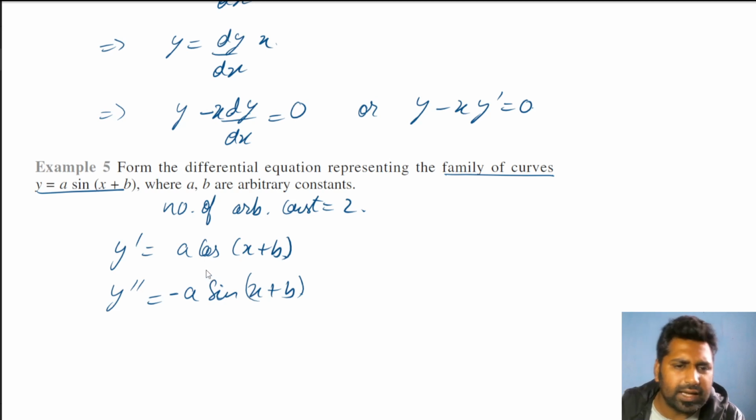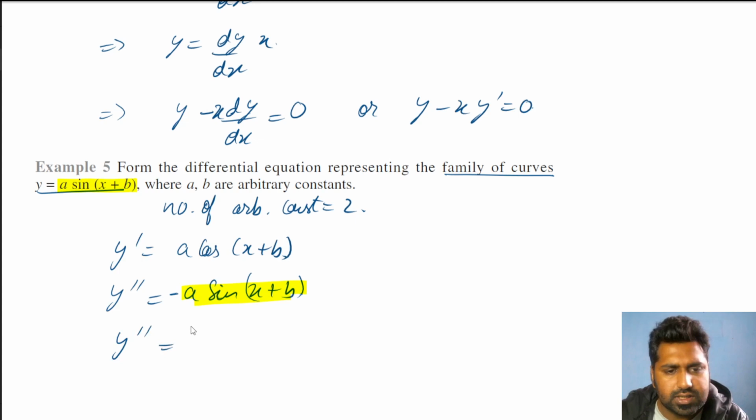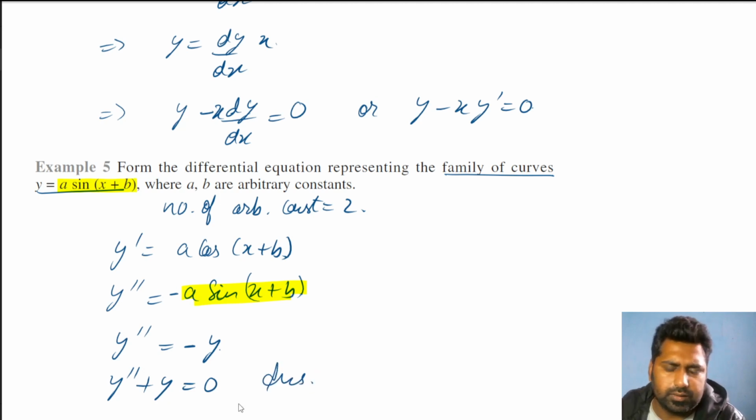For this, we cannot directly replace the value of a and b because b is present inside sine. But if you look very carefully, what is this a sin(x plus b)? This is y. So somehow I got the equation directly, that y double dash is equal to minus y, or you can write y double dash plus y equal to 0. That's your answer.